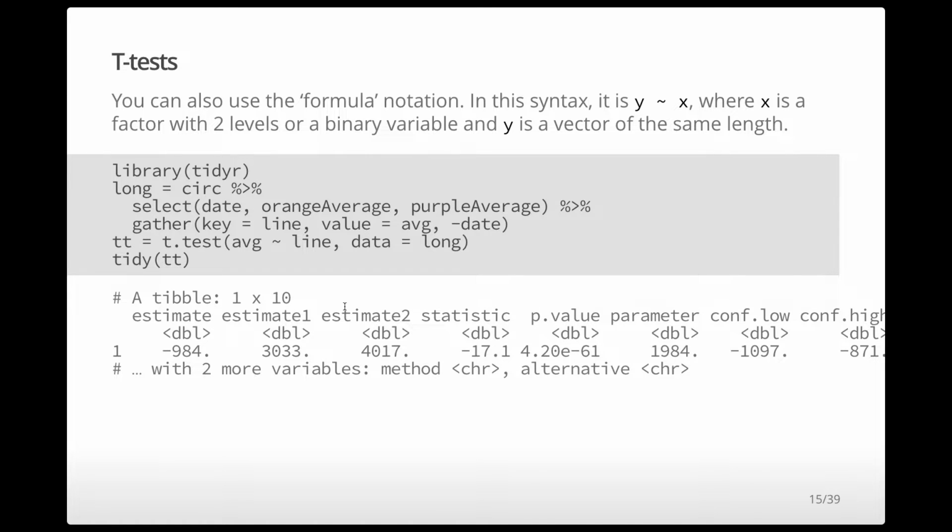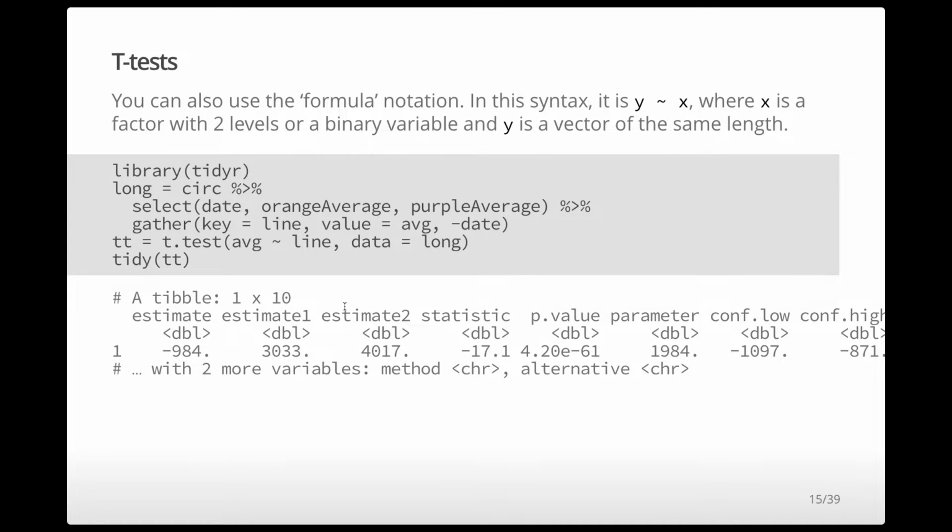Okay? So all we're doing up here is reshaping the data in a different way so that it's more amenable to this, right? Before, when we had circ, we had a column for purple average, a column for orange average, right? If we want to do this where y is a function of x, we have to reshape it so that there's a column of the average ridership and then a column that says which line is this, purple or orange, okay?